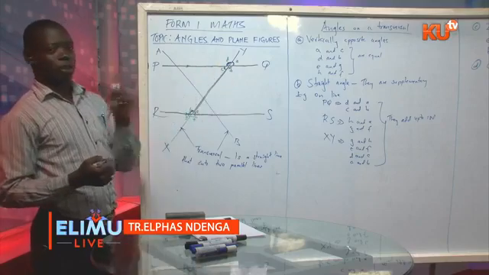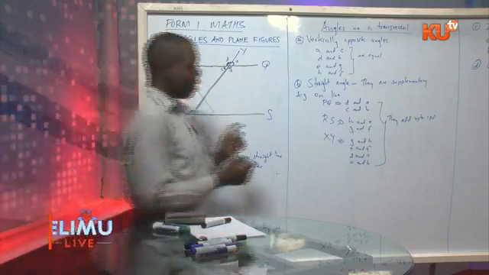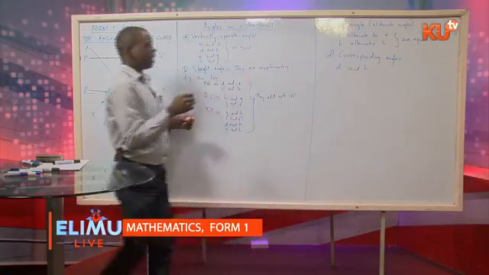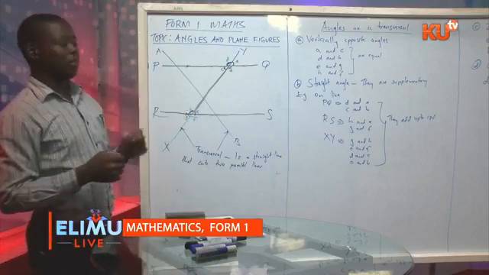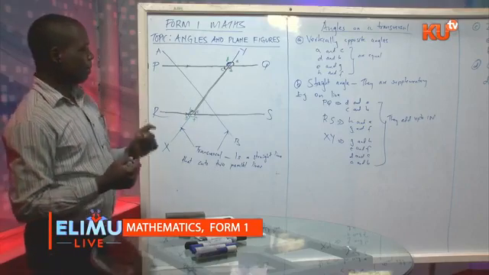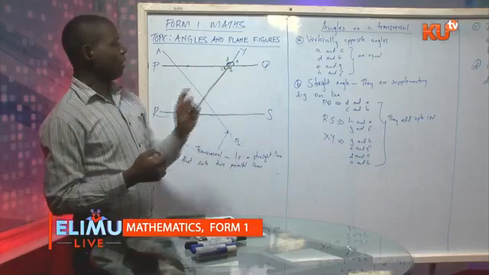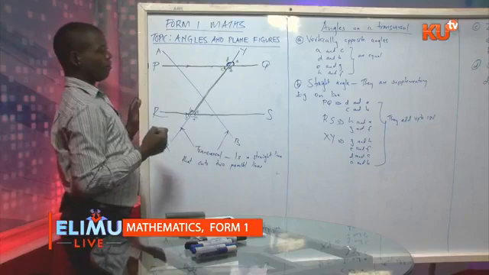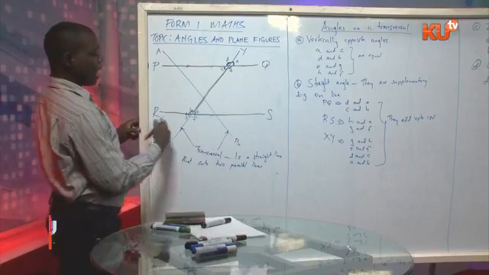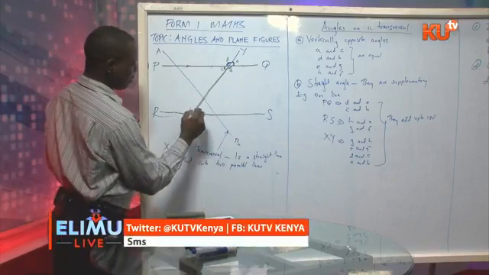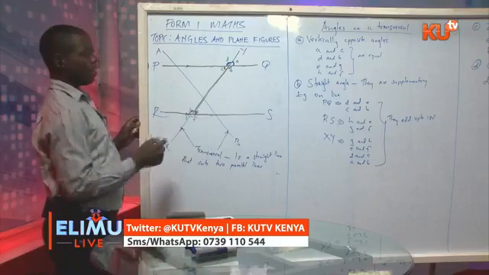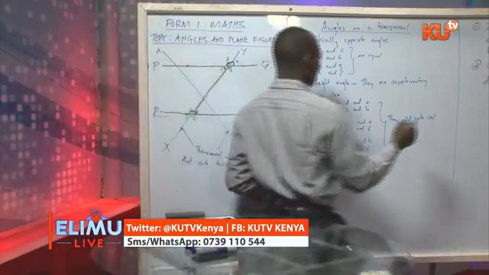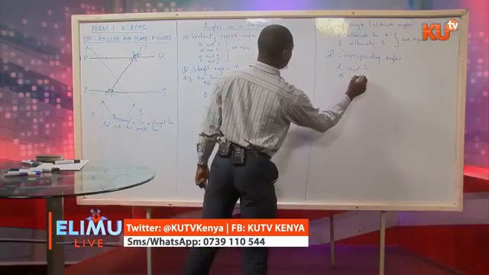Therefore, D and H correspond. That is number one, D and H, because they are on the same side of the transversal in the same position. Number two, on the right side of the transversal, what's the first angle? Angle A. If you look at line RS, on the same side of the transversal, the angle is E. Therefore, A and E are in the same position, and therefore they correspond. So we have A and E.